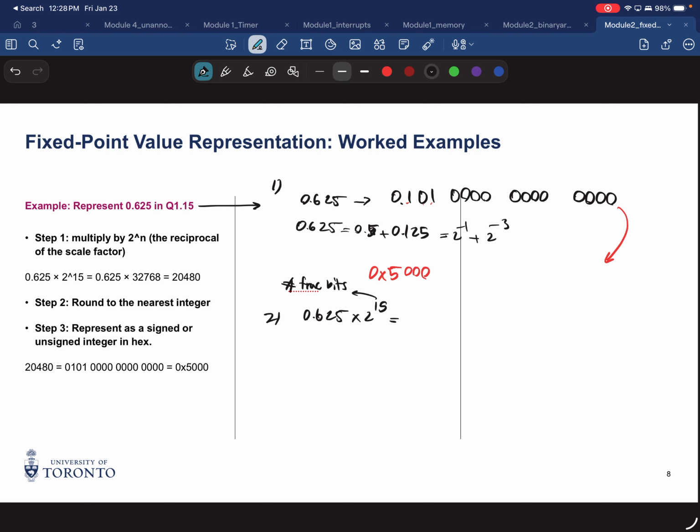And then this is going to be 20,480, and then I'll just show this as binary. But sometimes with some of these numbers it's easy to decompose it to 2 to the power of minus something, so you don't have to get the calculator and calculate 2 to the power of 15 and stuff like that. Right? Okay.